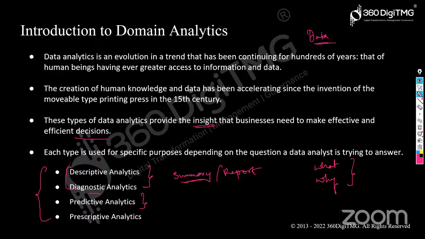When we combine these two, we get a lot of insights in the business case. And we will be able to talk about the factors or reasons which are influencing the outcome.